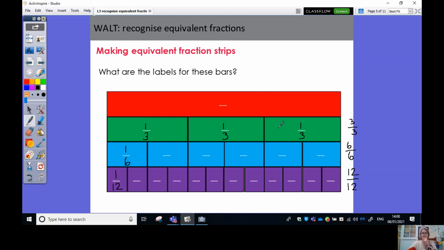If this has 3 thirds, it must equal 1 whole as well. Well done. So that one is not written in a fraction because that is representing my whole. So 1 whole is equal to 3 thirds, to 6 sixths, and 12 twelfths.